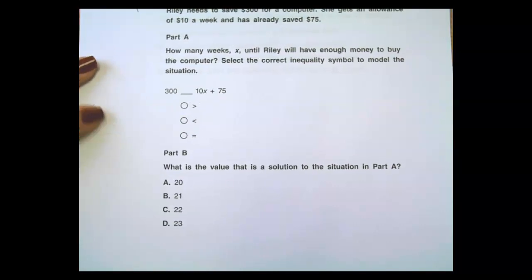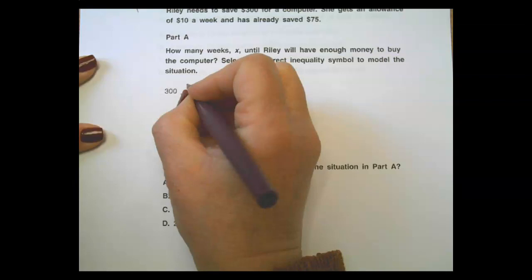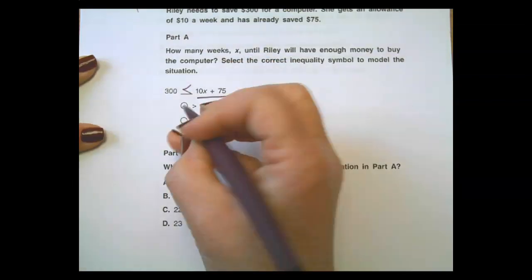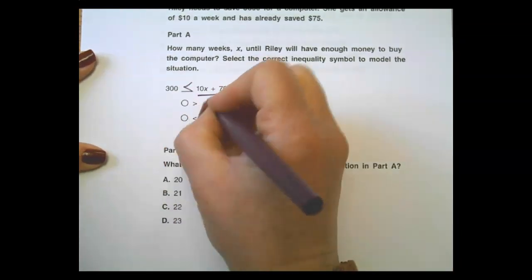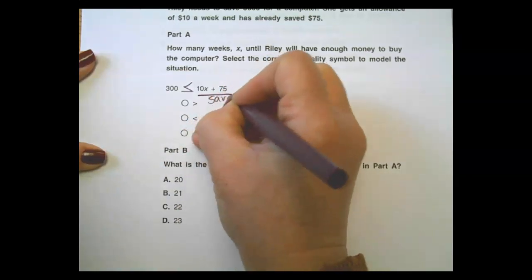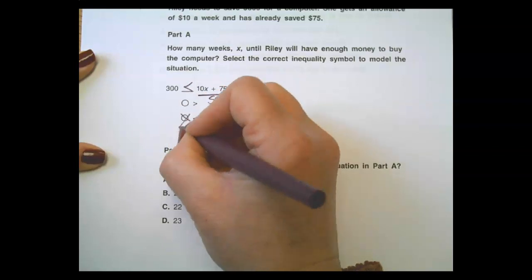Next one. Okay, so if Riley needs money, the amount here must be greater. I know this is kind of flip-flopped around, and this is why I'm not 100% sure on this one either. It's because you have to save more than the 300. You really have to think about that.